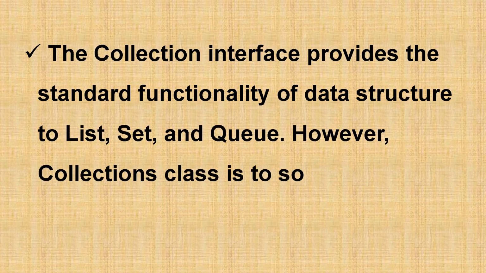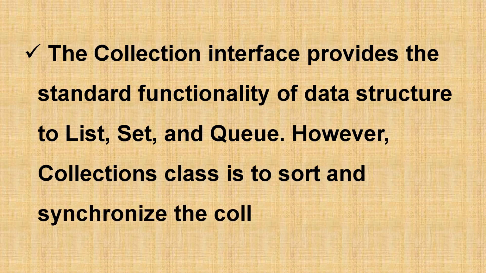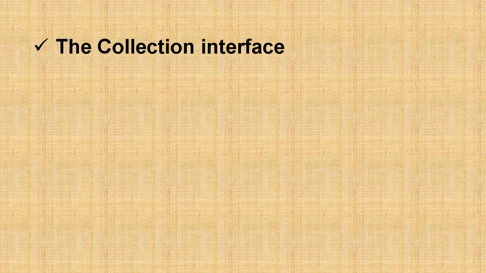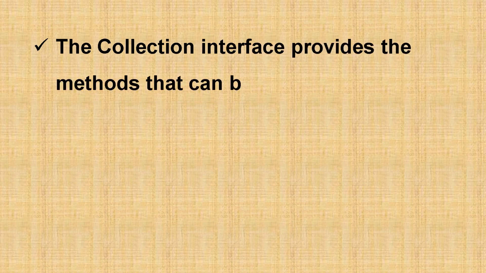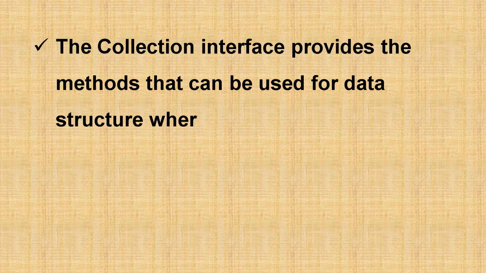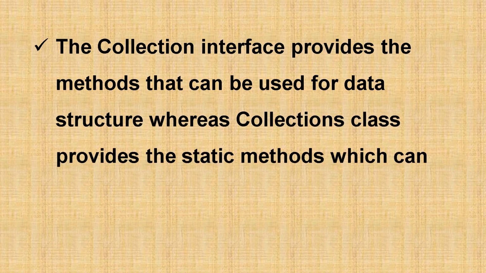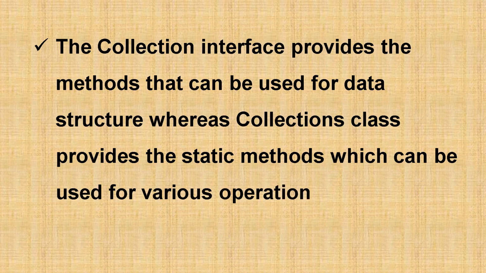However, collections class is to sort and synchronize the collection elements. The collection interface provides the methods that can be used for data structure whereas collections class provides the static methods which can be used for various operations on a collection.